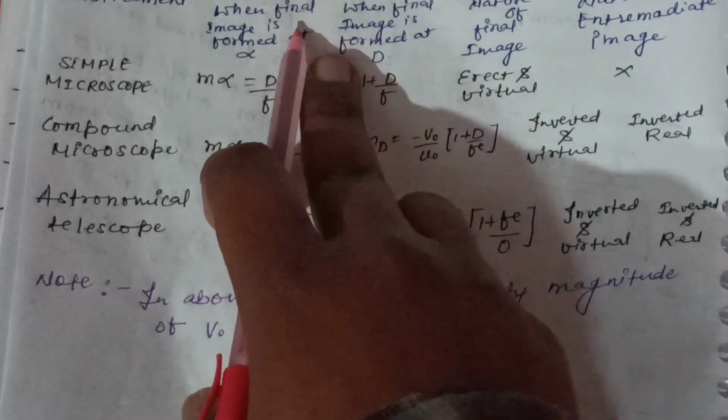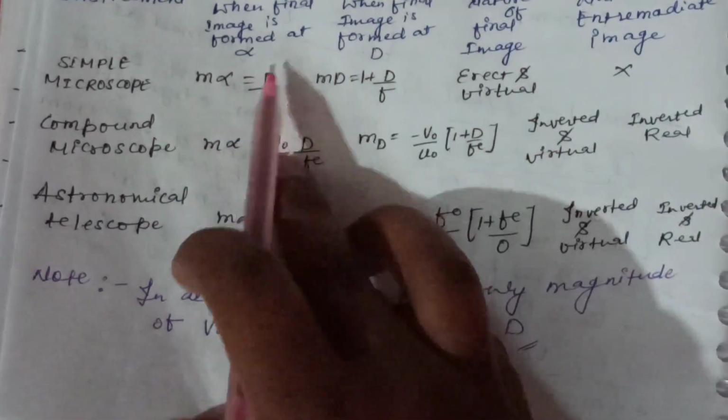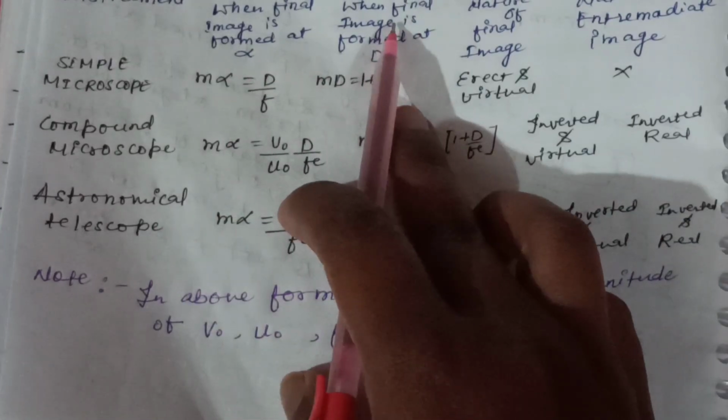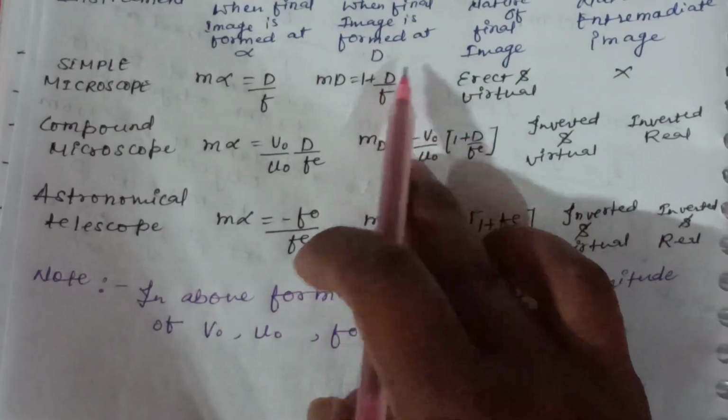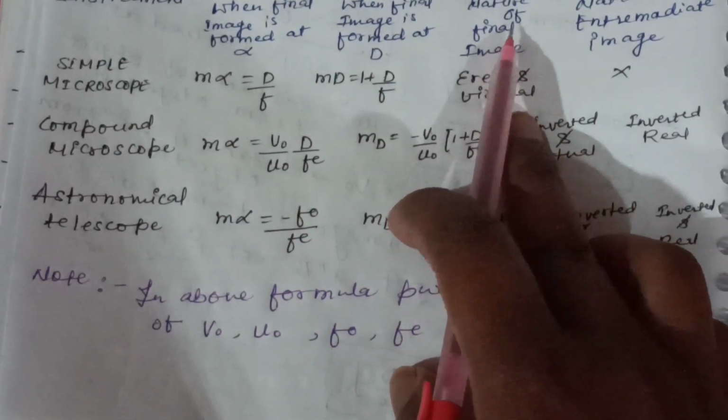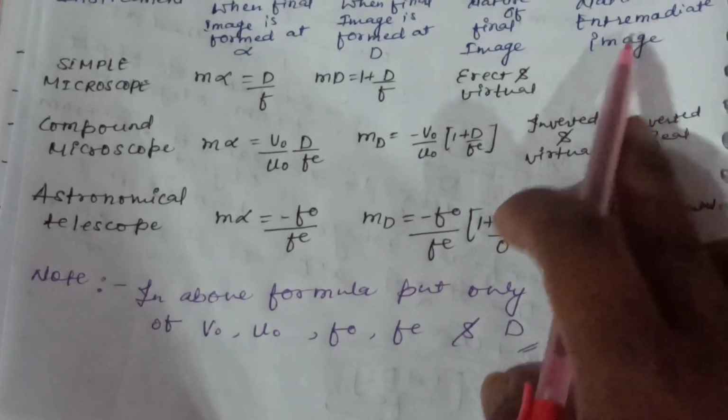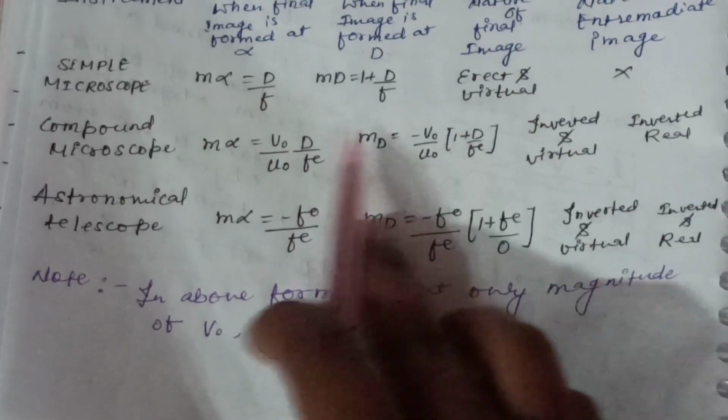Instrument: when the final image is formed at infinity, and when the final image is formed at D. Nature of final image, nature of intermediate image.